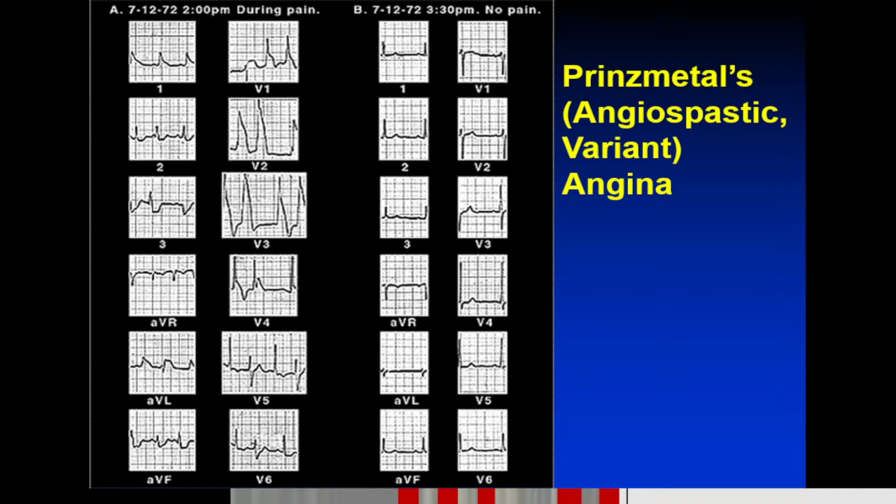Holter monitoring, we talked about it, is useful for diagnostics of Prinzmetal angina. The same names are vasospastic variant angina.